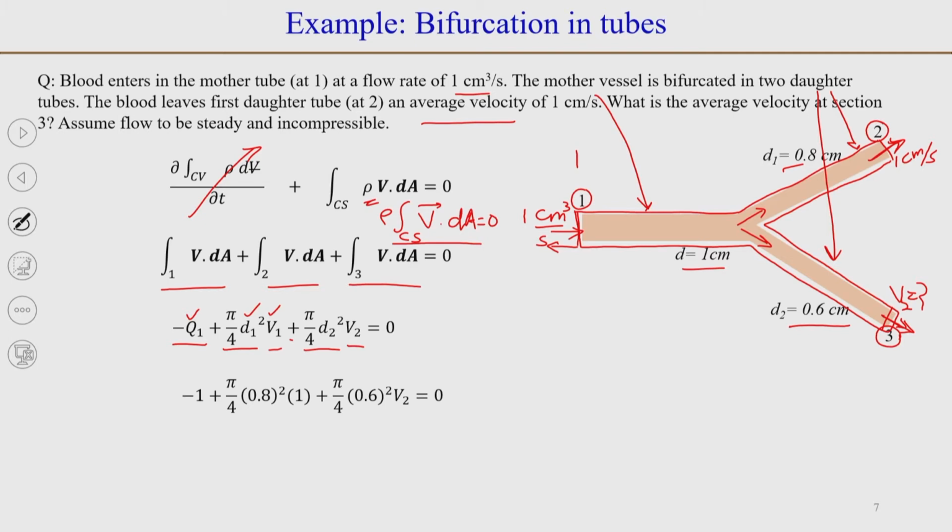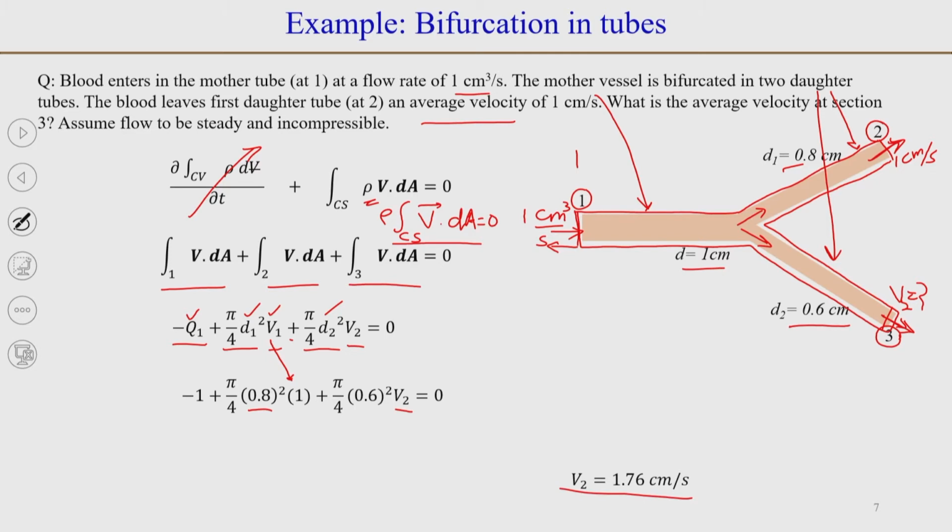Q is equal to minus 1 plus pi by 4, 0.8 centimeter is d1. So, 0.8 squared, V1 is 1 centimeter per second. We also know d2, pi by 4 times 0.6 squared into V2. So, when we solve it, we can obtain the value of V2, which will come out to be 1.76 centimeter per second.